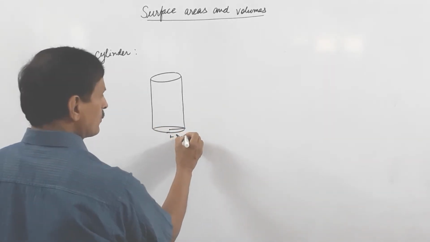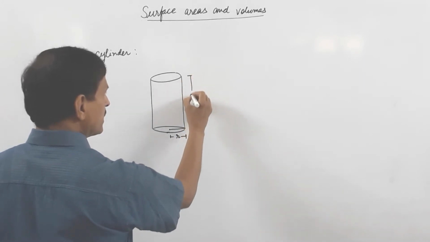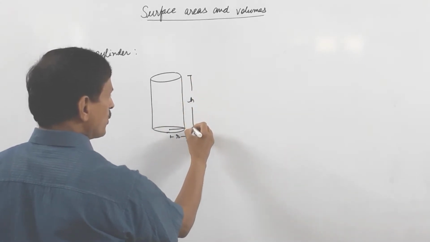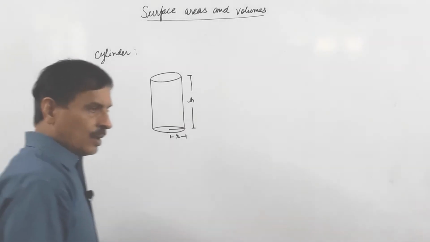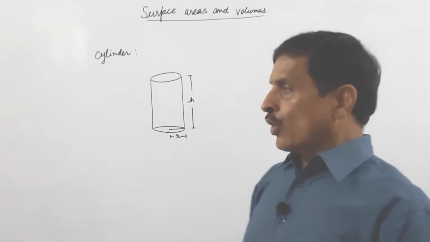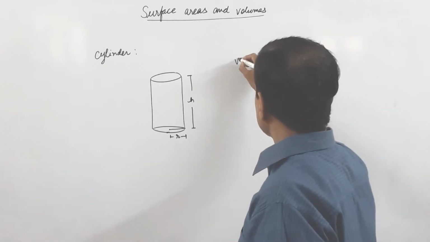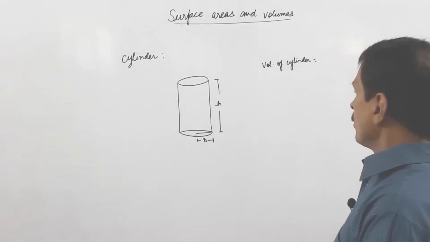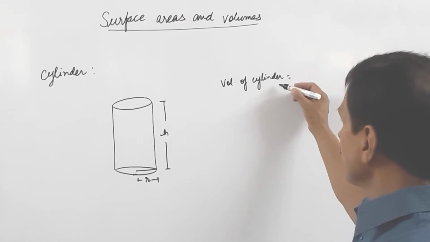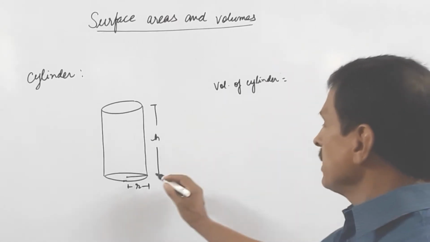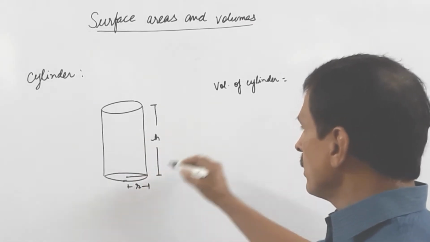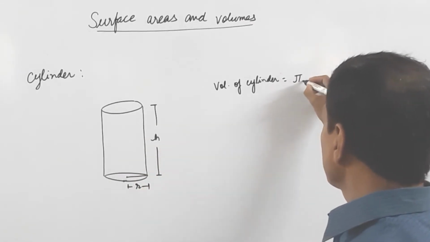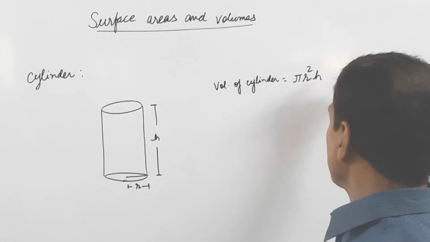This is radius of the base and this is height of the cylinder. Volume of cylinder is equal to base area, which is pi r square, into height. So pi r square h.